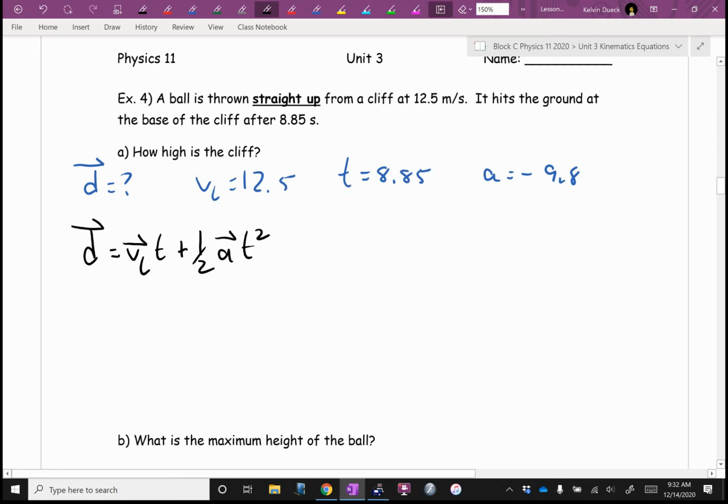Don't say A is 9.8. Okay? So it's going to be positive 12.5 times 8.25 plus 0.5 times negative 9.8 times 8.25 squared. Try this on your calculator and you're going to get something a little odd.